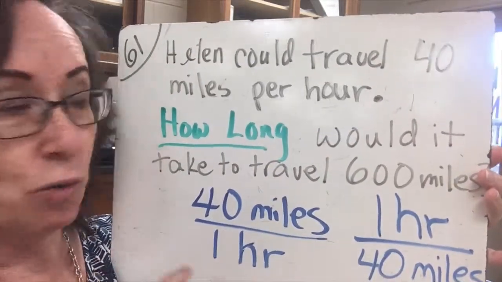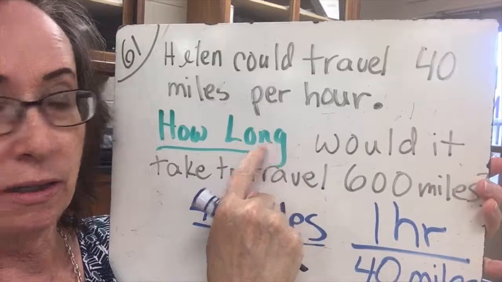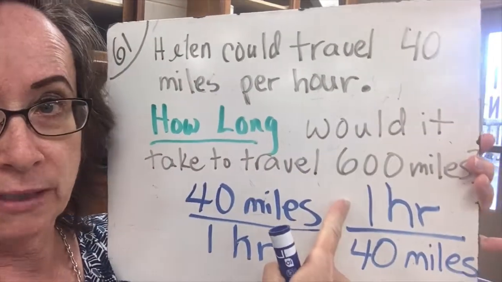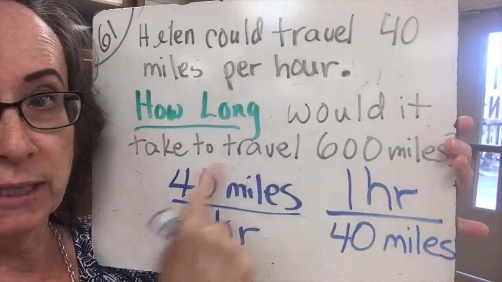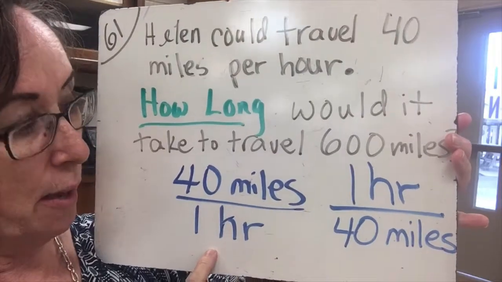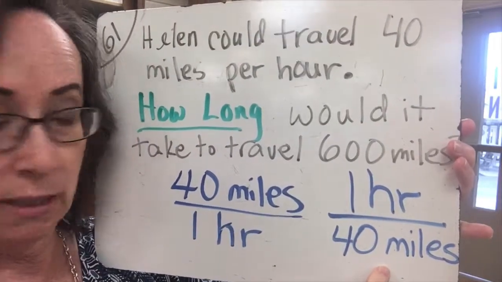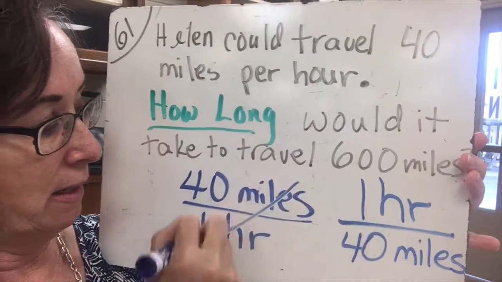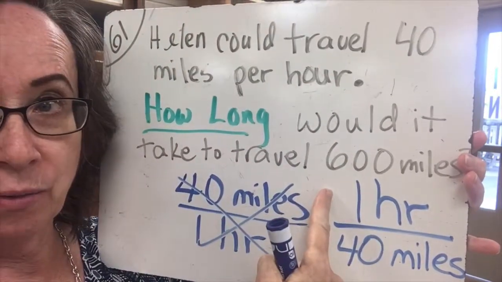But because our question is how long, we want hours on the top. They are two equivalent conversion units, but we want to use this one, not this one, because we want hours out.